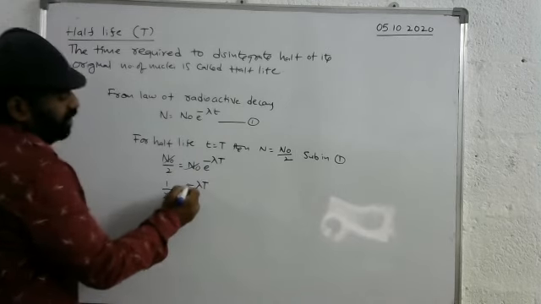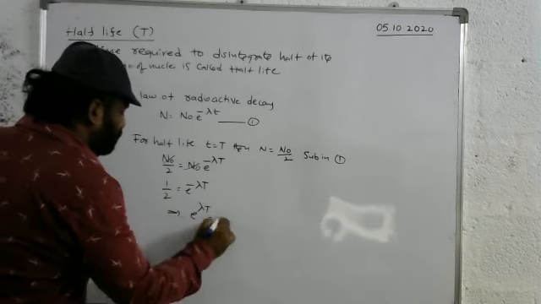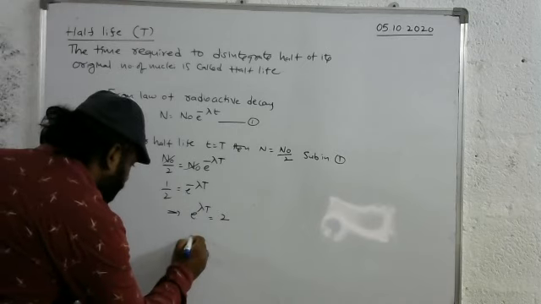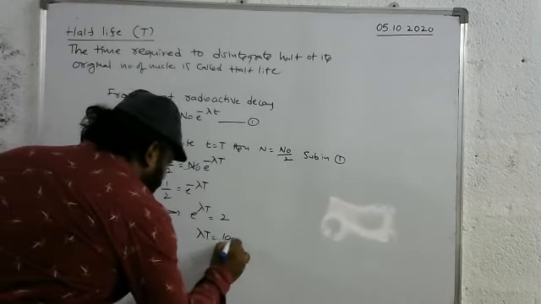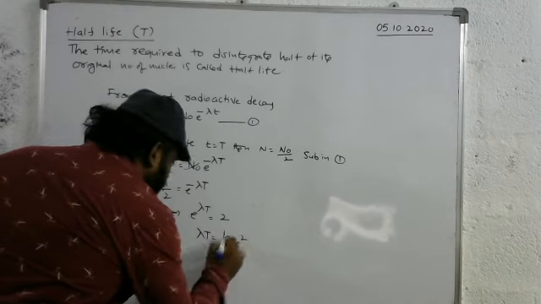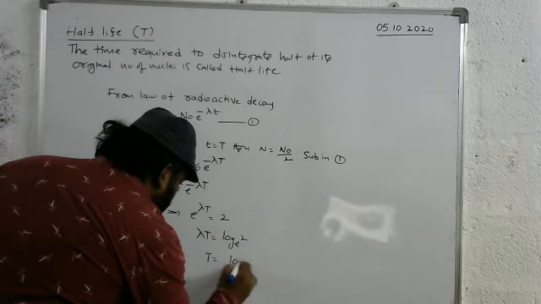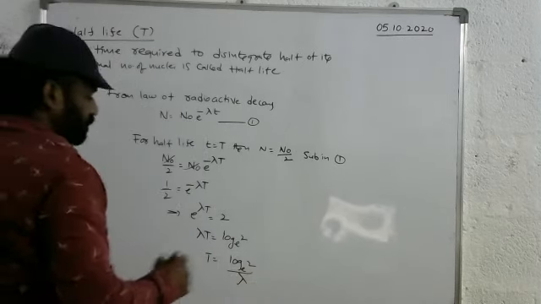For the positive value of the exponential, we can write e power lambda T equal to 2. Taking logs on both sides, lambda T equal to log base e 2. We need T. T equals log base e 2 by lambda.